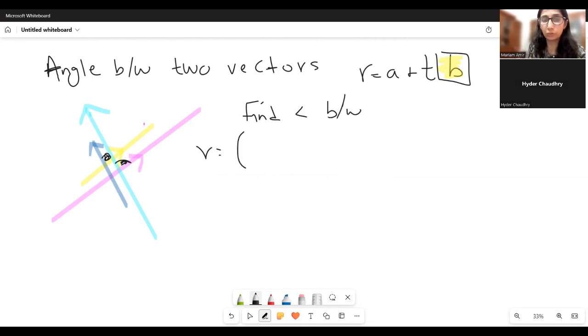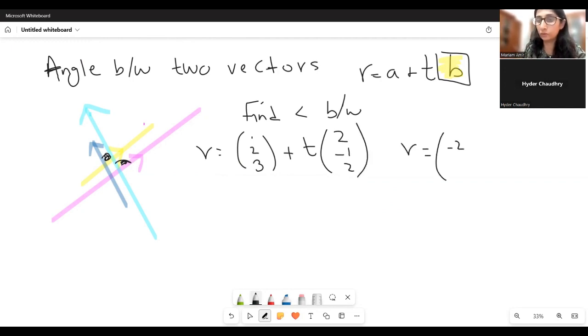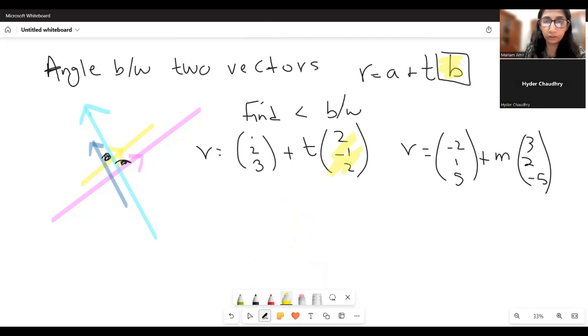r equals (1, 2, 3) plus t(2, -1, 2) and r equals (-2, 1, 5) plus m(3, 2, -5). So this is the direction vector of the first one, and this is the direction vector of the other one, and we will find the angle between these two using the dot product method.